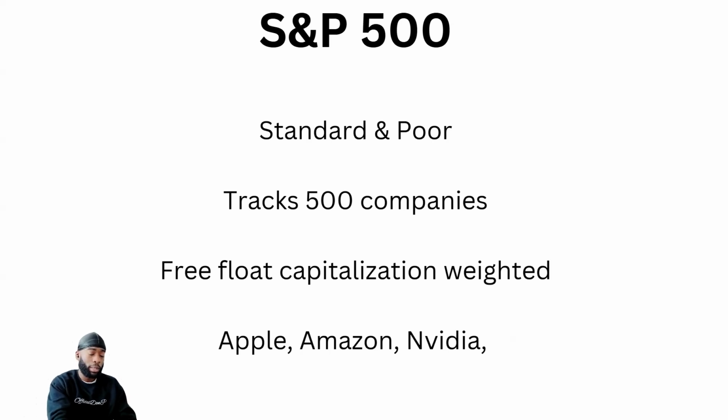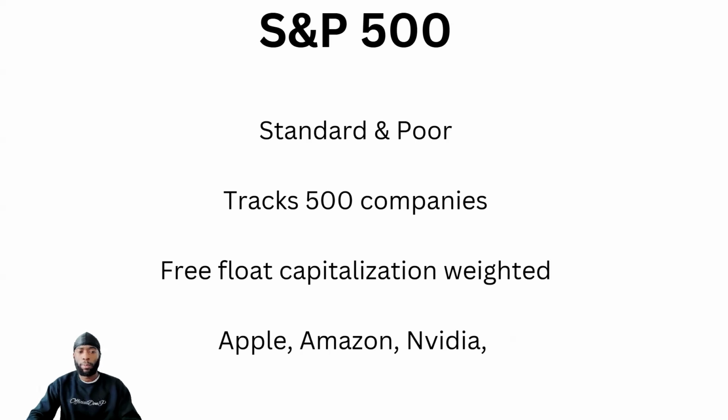That'd be companies like Apple, Amazon, Nvidia, Tesla, United Healthcare. I believe Procter and Gamble is in the S&P 500, and a lot of companies that we know, the Home Depots, are also in the S&P 500.